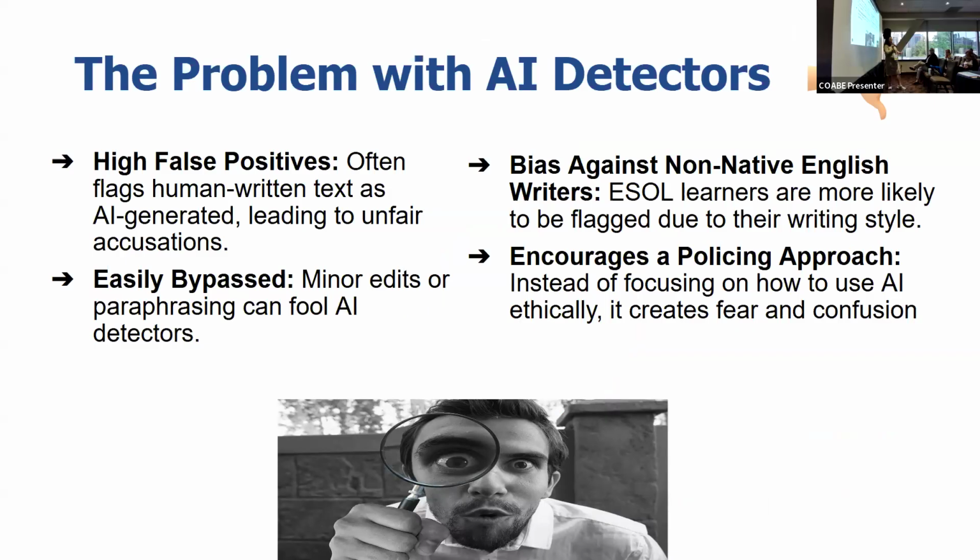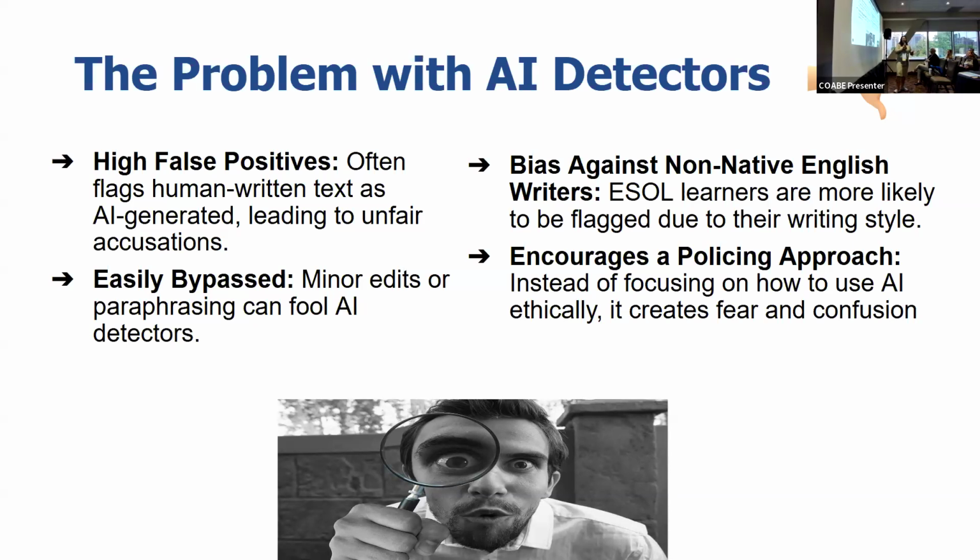So we can't move forward without addressing the problem with AI detectors. I know a lot of programs, universities, schools are utilizing AI detectors to prevent cheating, but it kind of perpetuates the problem. Why? Because with AI detectors, they simply don't work a lot of the times.